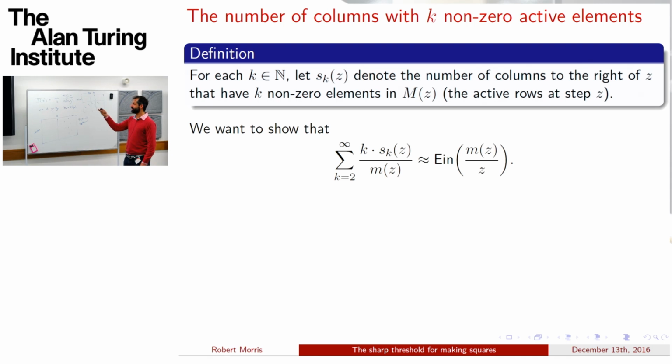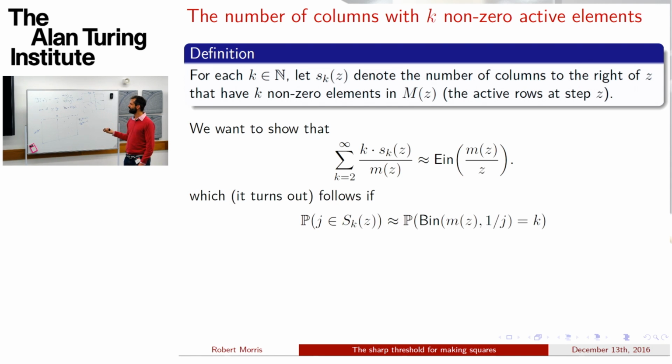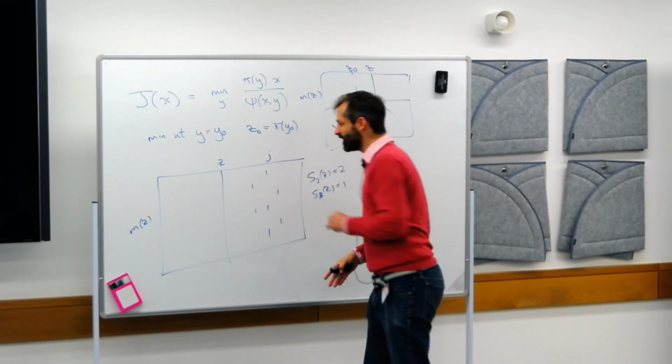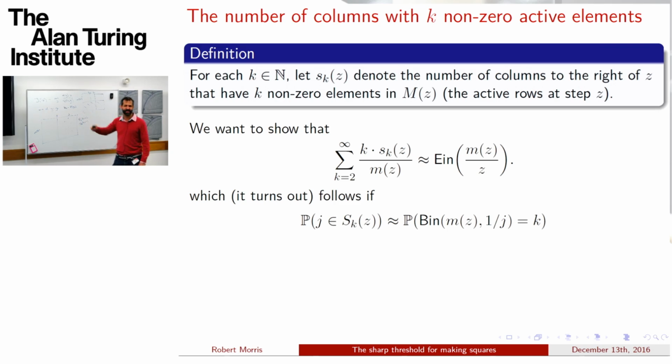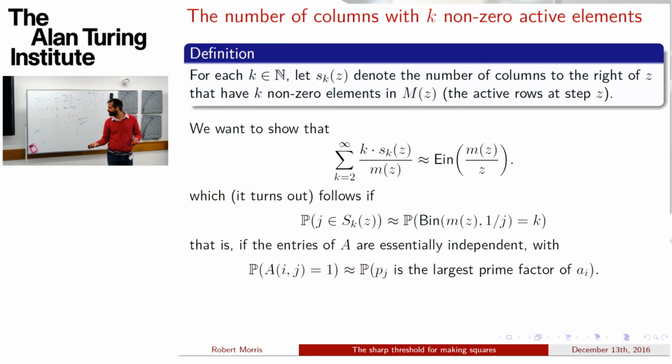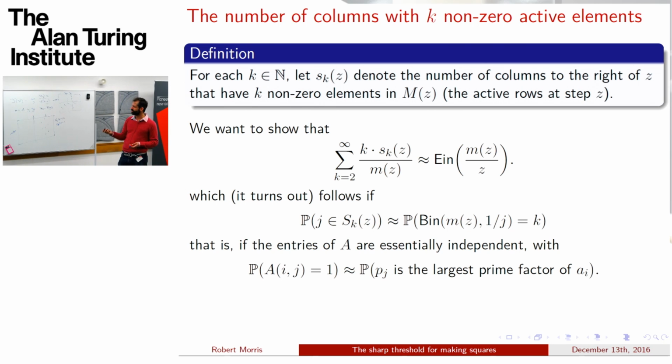Okay, so we want to show that the average degree is about this exponential integral, which turns out to follow if we can show that the probability that a certain large prime j is in an edge of size k is about a binomial distribution on m of z of density 1 over j, which is roughly what you'd expect if everything was independent.